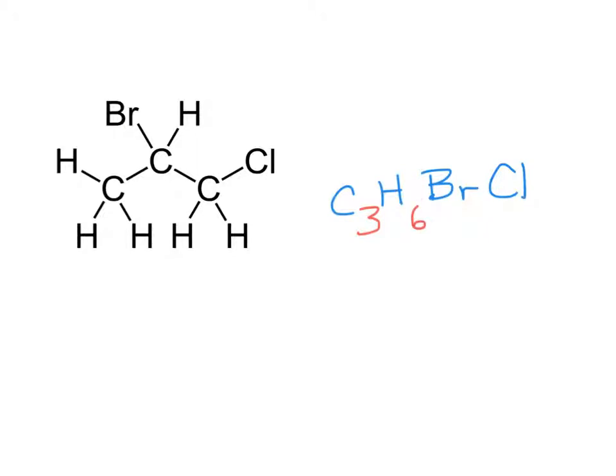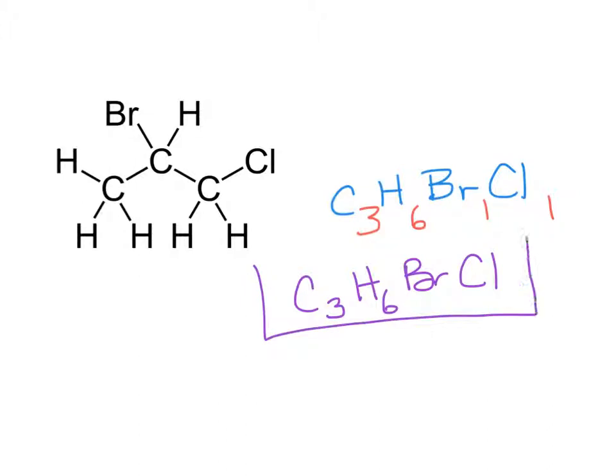We have 1 Br. And we have 1 Cl. And as we discussed before, we do not write the number 1. So when we rewrite this, it will be C3H6BrCl. So this is our final answer.